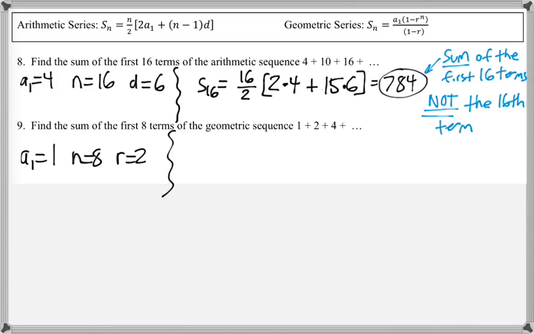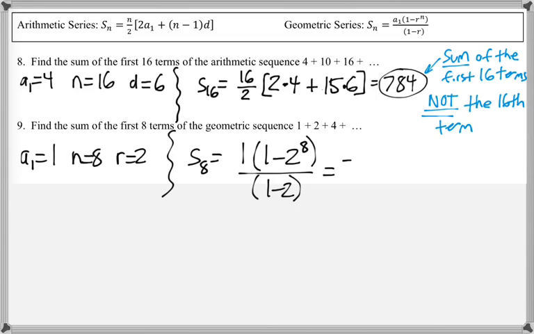So I'm using the other formula, and S8 is equal to 1 times 1 minus 2 raised to the 8 over 1 minus 2, and that's equal to negative 255 over negative 1, which is 255.